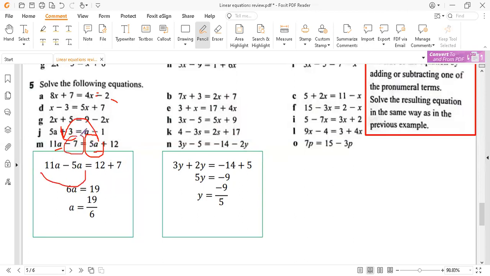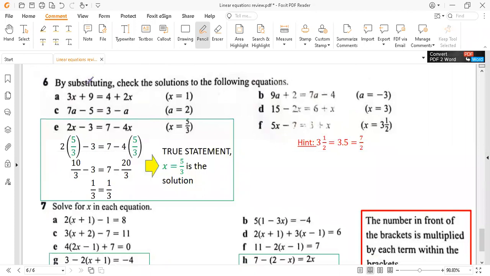At the same time, we move -7, the constant, to the right-hand side, and -7 becomes +7. So 12 plus 7 equals 19. Combining the coefficients, 11 minus 5 equals 6, so 6a, because they are like terms. We obtain 6a equal to 19, and finally a equal to 19/6, and the same for the remaining ones.